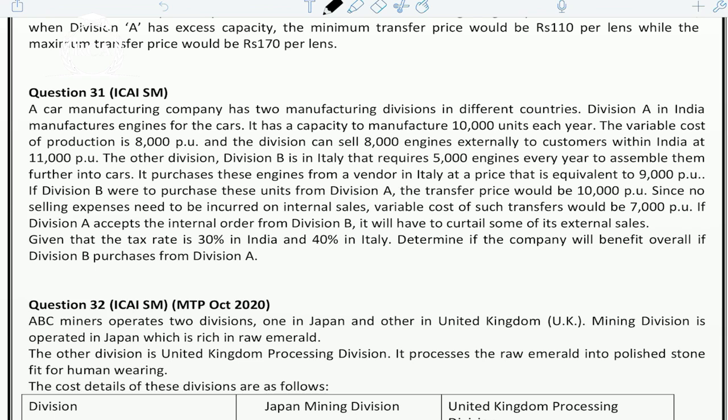Question number 31. Do read the question properly. All of you will answer after that.